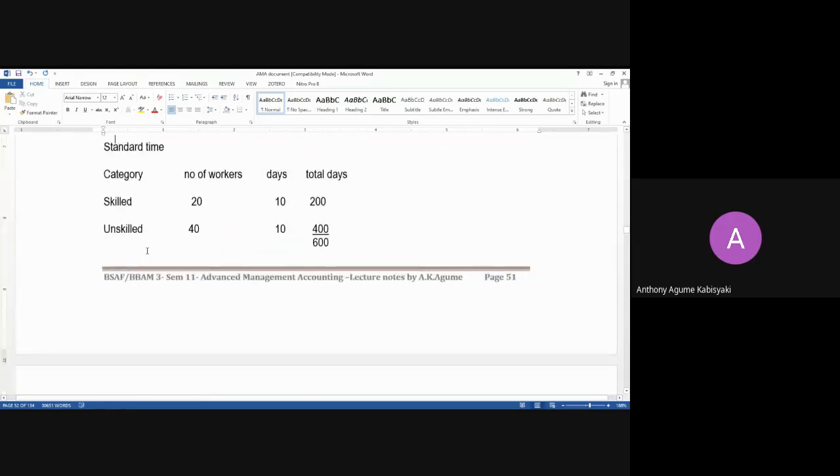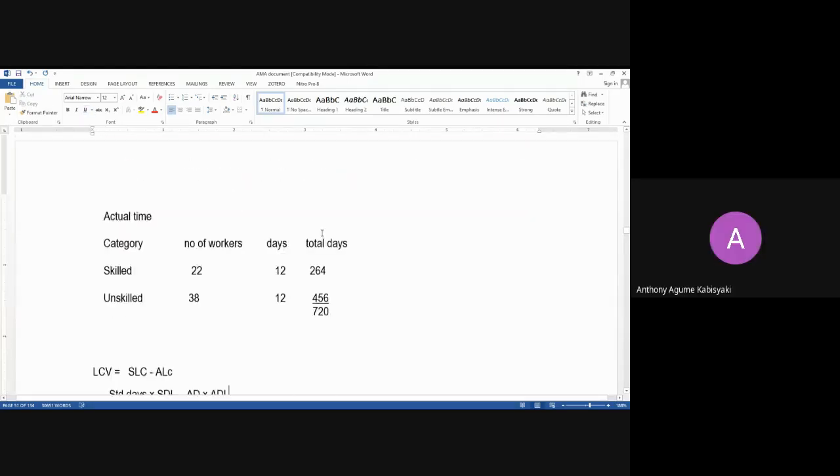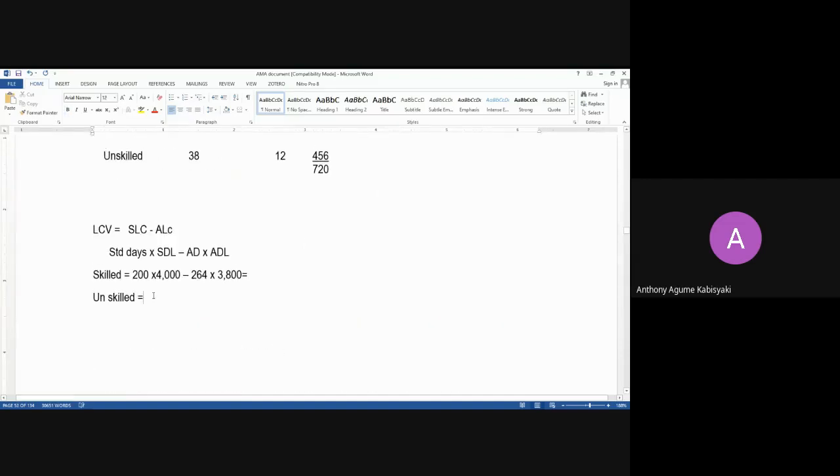For skilled, it is 400, multiply by the daily rate, 2,500, then minus the actual days, 456, multiply by the actual daily rate.